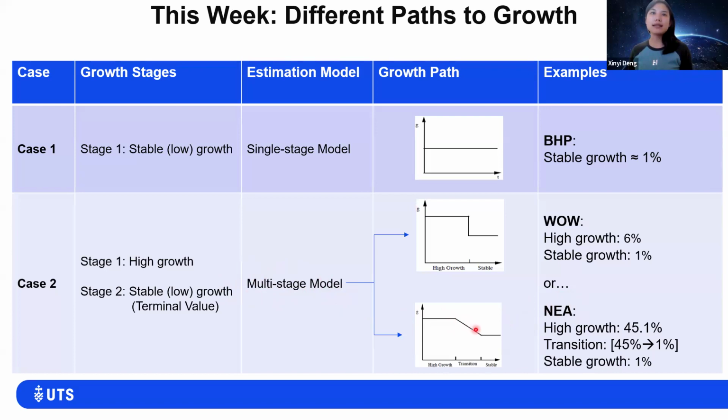In the second stage, which is a transition stage, its growth rate gradually decreases from 45% to 1%. And at the third stage, the growth rate is constant at 1%, which is really low.